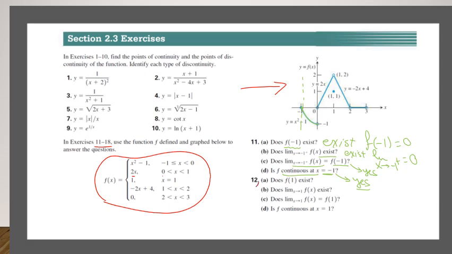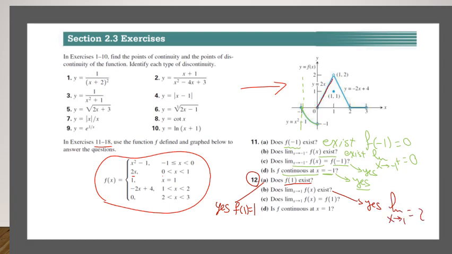Now, regarding question number 12. Does f of 1 exist? If we go to the point 1 and search for the closed circle, we'll find the closed circle at 1. So yes, it exists, and f of 1 is equal to 1. Does the limit exist? Yes, it exists, and the limit as x approaches 1 is equal to 2.